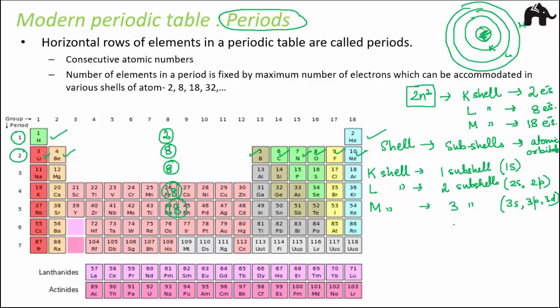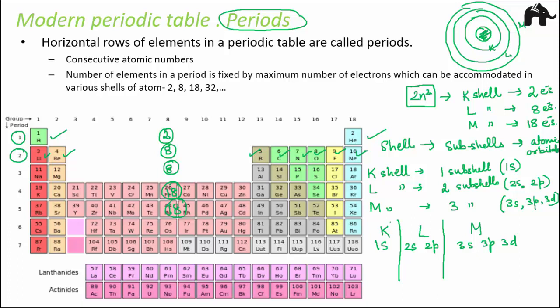So now to put all of these together, it looks somewhat like this. You have these shells like K, L, M and so on. Each of these shells has subshells like 1s, 2s, 2p, 3s, 3p, 3d and so on. And each of these subshells has some fixed number of electrons.